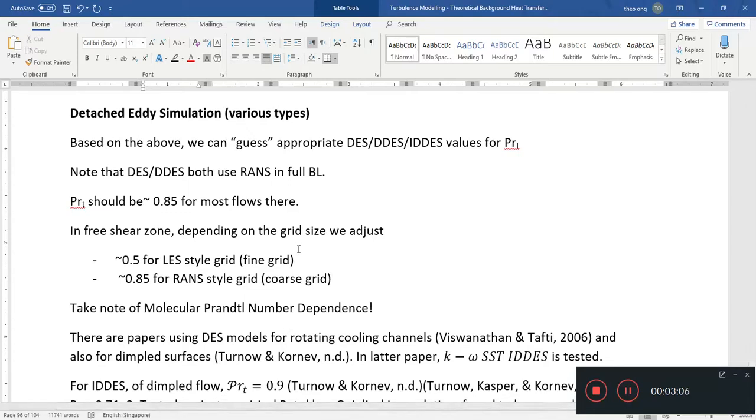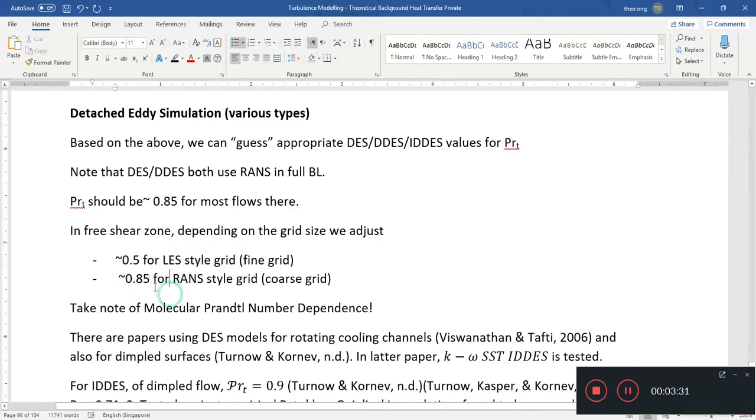Otherwise, most of the heat transfer should take place at the wall. So the area in the vicinity of the wall is perhaps more important than selecting the right Prandtl number, or having a different dynamic Prandtl number for the wall side and the free shear zone.